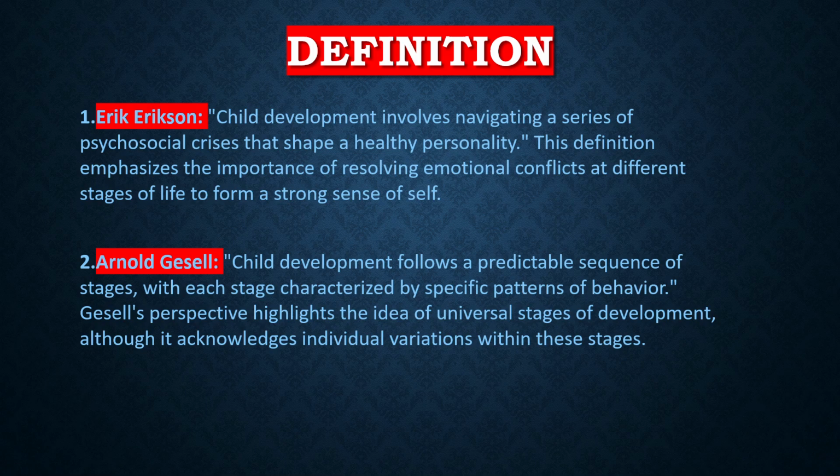So according to Gesell, child development follows a predictable sequence which we can follow, and each stage is characterized by specific changes in the patterns or behavior of the child, right?